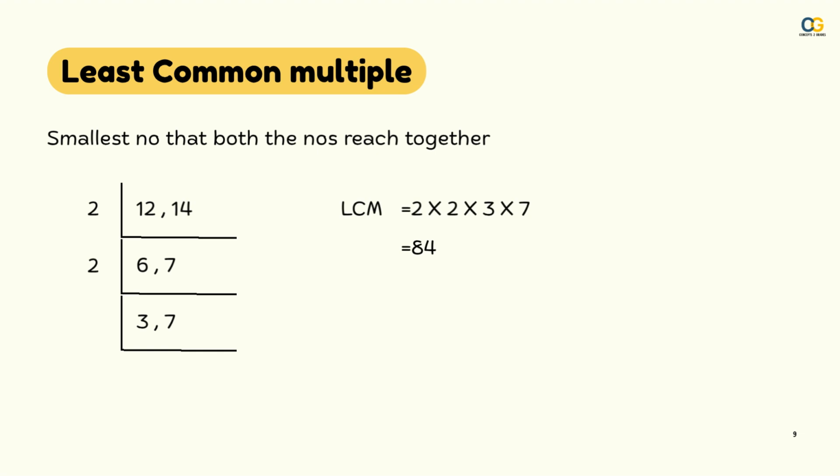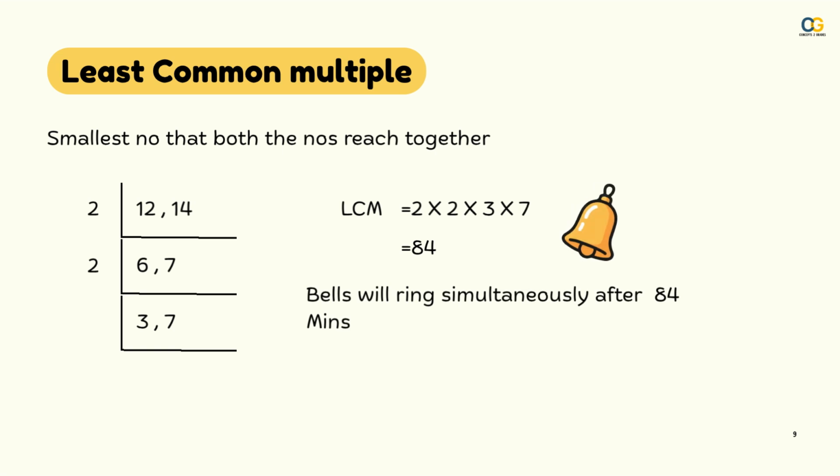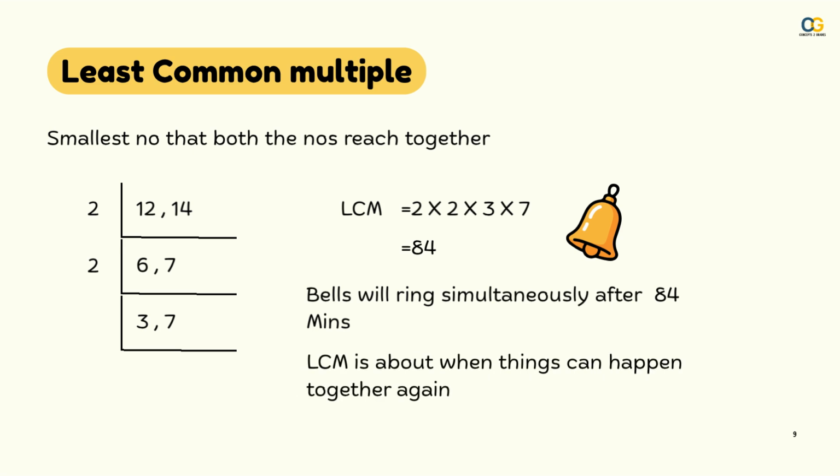So here the LCM would be 2 into 2 into 3 into 7, which is 84. So this means those 2 bells would ring simultaneously after 84 minutes. So LCM is all about when things will happen simultaneously together again. Whenever you want things to occur again or happen again together, then you go for LCM.